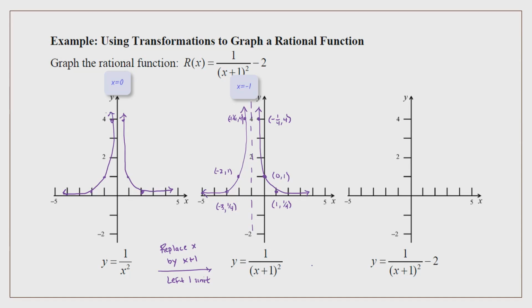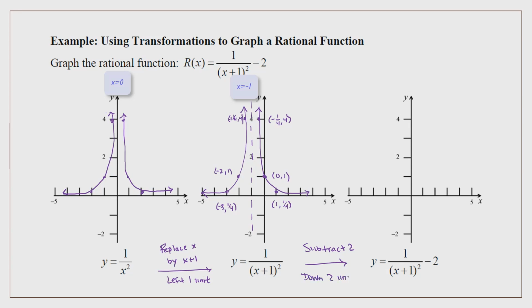Okay, so our next transformation gives us our function r of x, 1 divided by the quantity x plus 1 squared minus 2. So the only difference between these two is subtracting 2. So if we're subtracting 2, we're going to now go down 2 units.